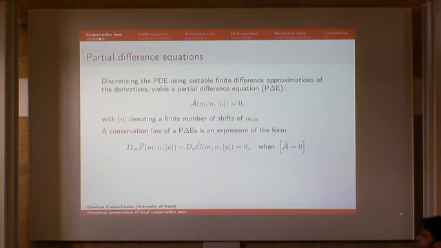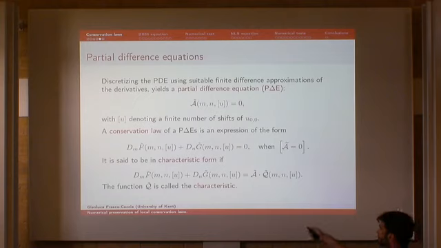And again, you can define conservation laws in a very similar way. Formally, it's the same expression as in the continuous case, but instead of having total derivatives, you have here the forward difference in space of some discrete flux plus the forward difference in time of some discrete density. And they have again to be 0 on solutions of your partial difference equation. So the definition is very similar.